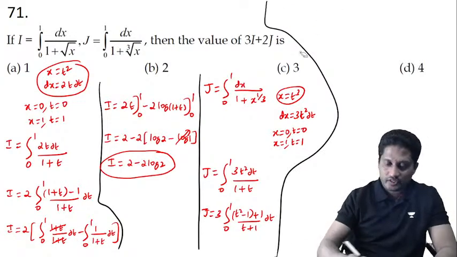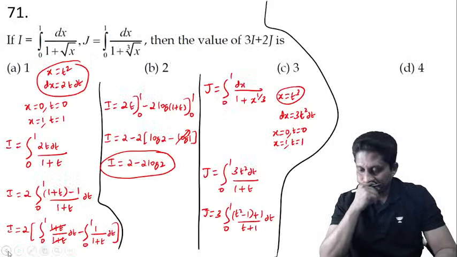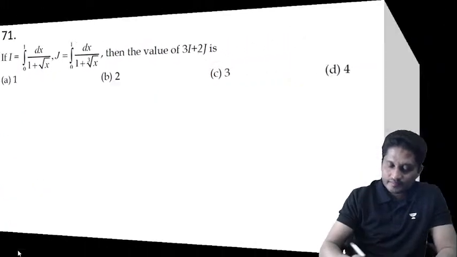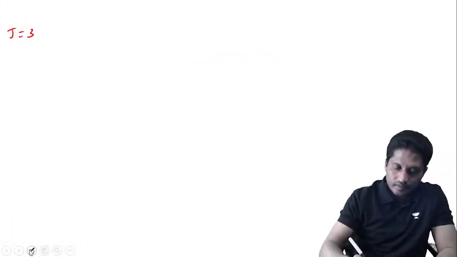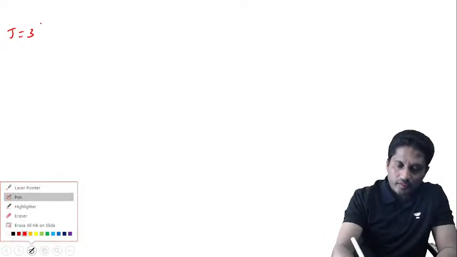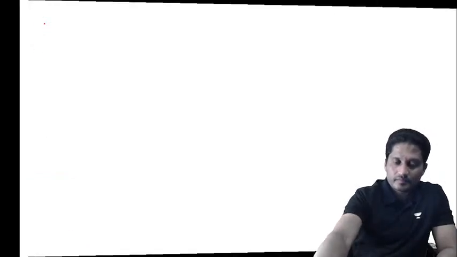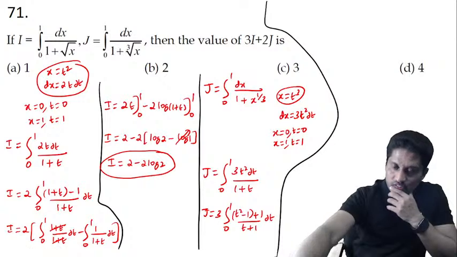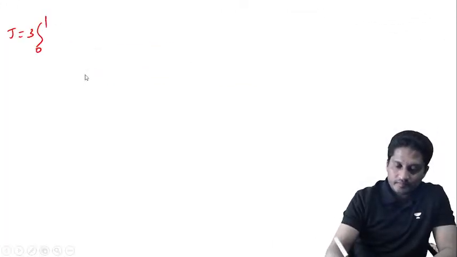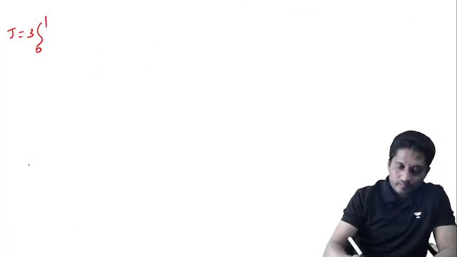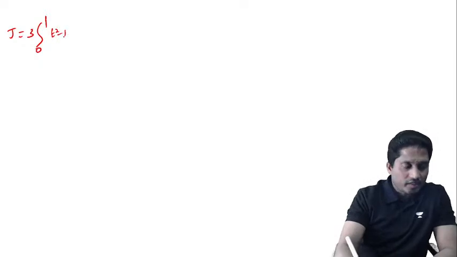J is equal to 3 times, you open the bracket, 0 to 1, t square minus 1 divided by t plus 1.